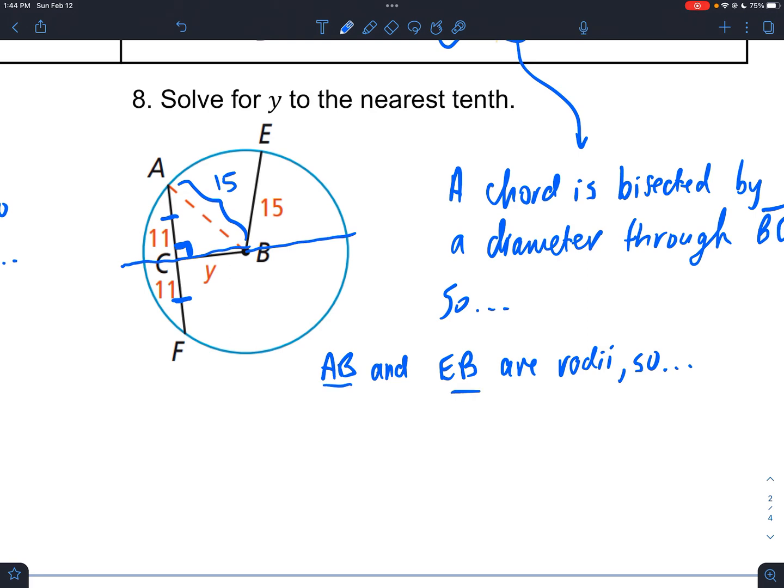So this is 15 as well, because these segments right here are both radii. So that's equal to 15.